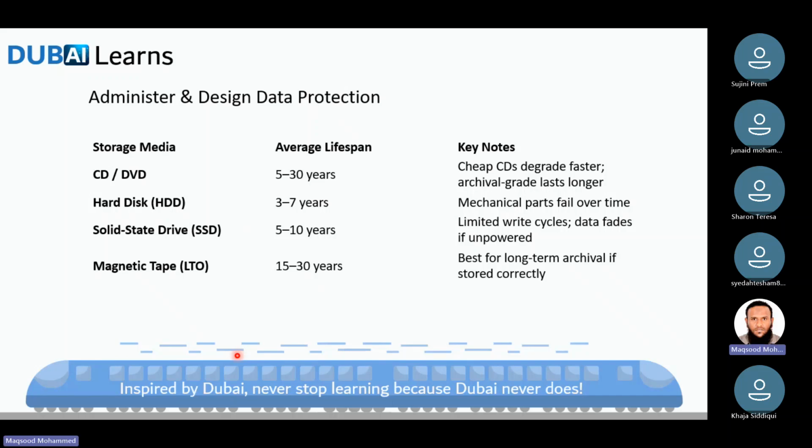Hard disk drives, the mechanical hard disks, not SSD, sorry, have mechanical parts and a limited lifespan. These days, you're getting solid state drives, the fast drives, like flash drives, right?